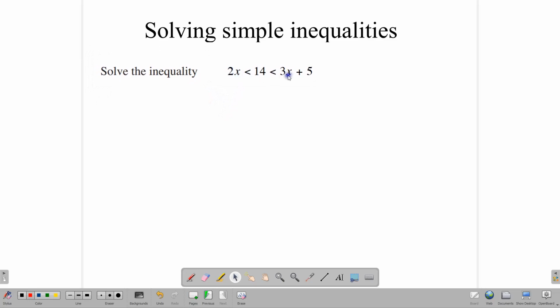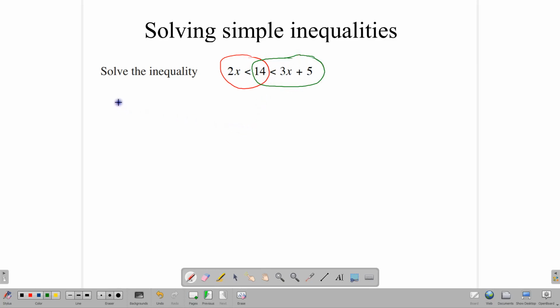So we're going to take this part as one, and we're going to take this part as another.